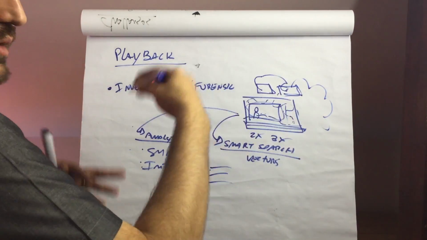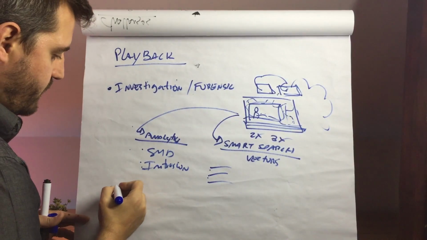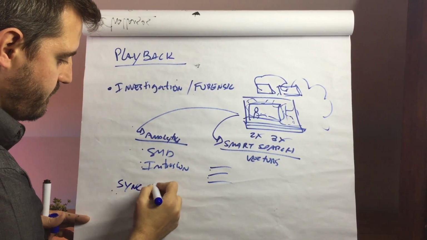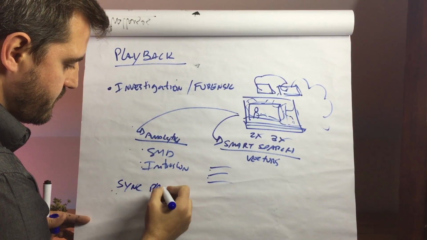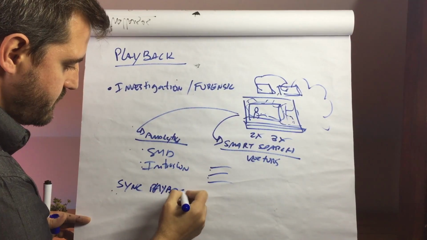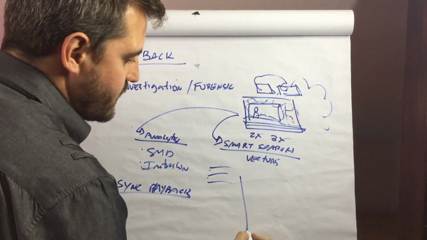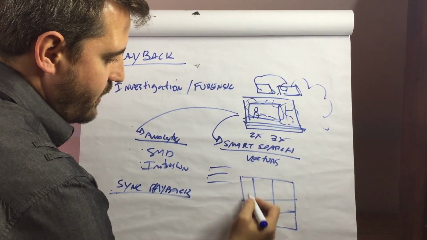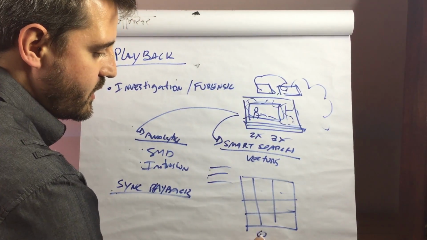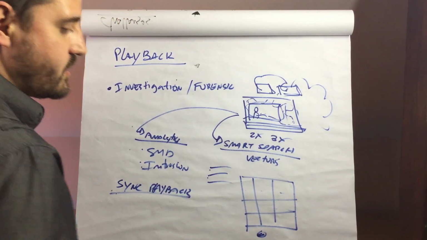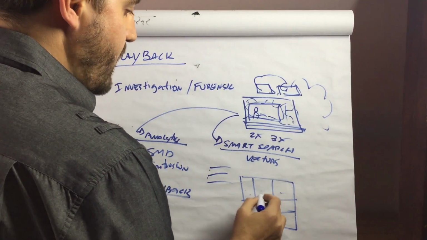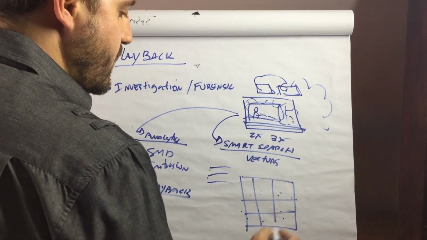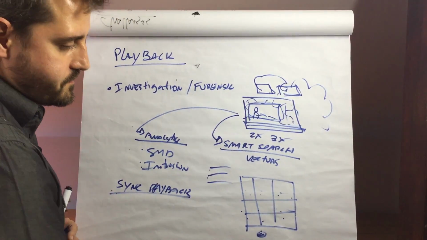To avoid all this trouble, we have the sync playback. It will basically have, let's assume here, a screen with all your cameras, and then you click here on a button to synchronize, and you have all the cameras playing at the same time.